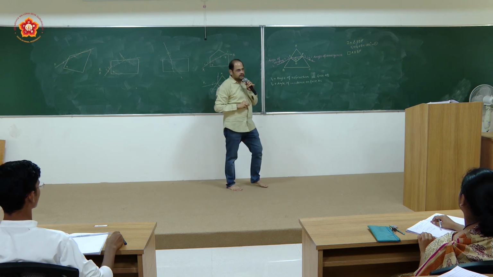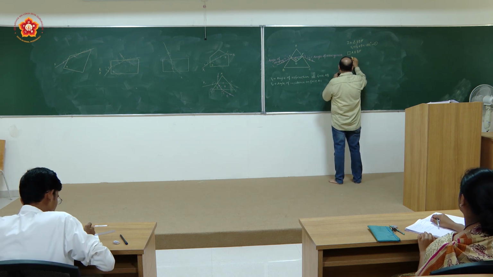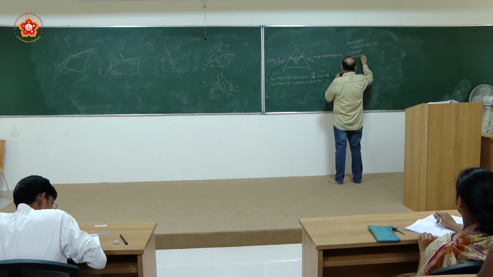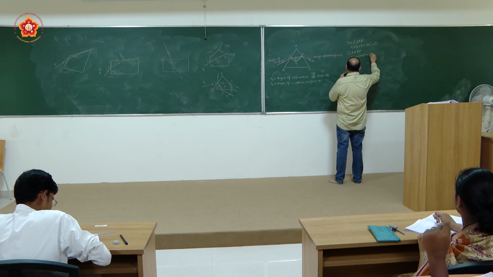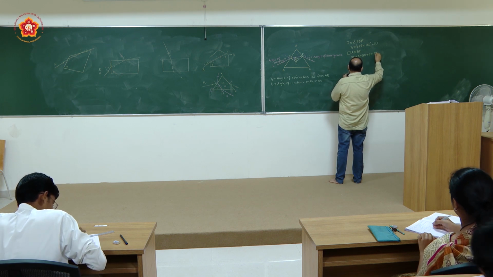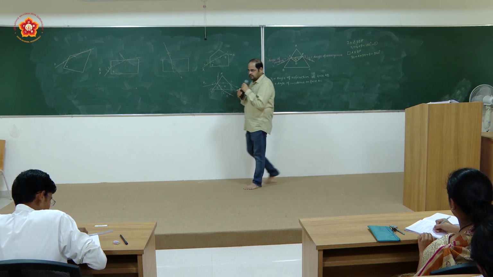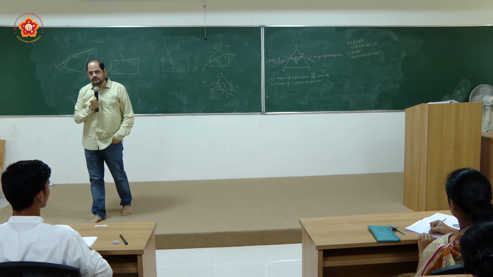Am I right? So can I put it down here that angle E, 90, plus A plus 90 plus angle theta is equal to 360 degrees? Can I put it down like this?